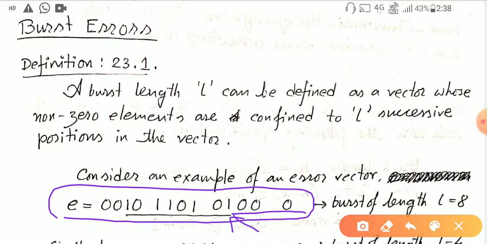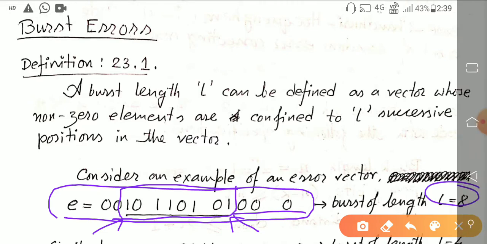If you check, this is the LSB side where 1 is present, and at the last, the MSB side 1 is present in this position. So if you consider this total section, the number of bits used, if you count, will be 8. So for this error vector E, the burst length is 8.